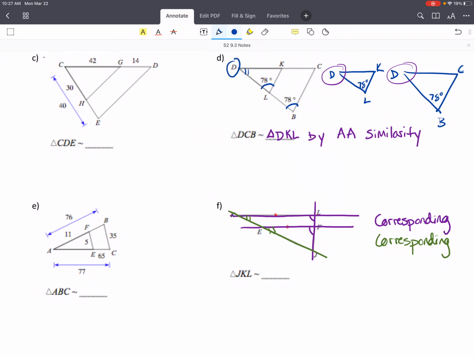So JKL went this way, so I'll do the same for JEF. And that is how we determine similarity.